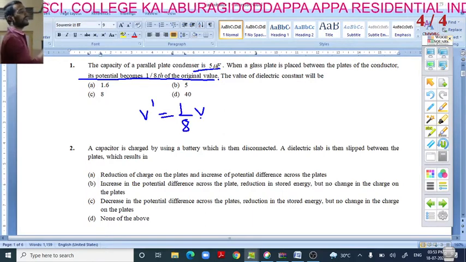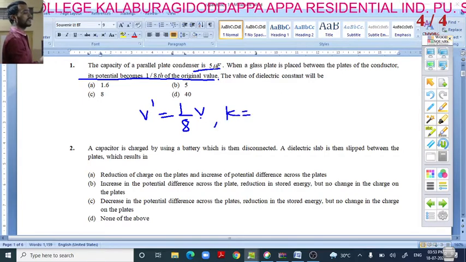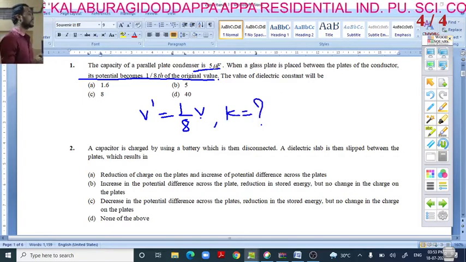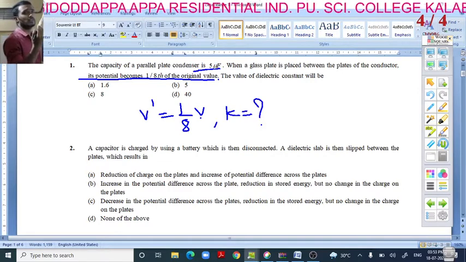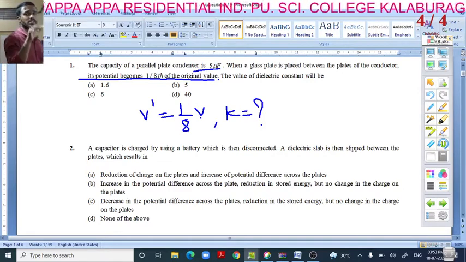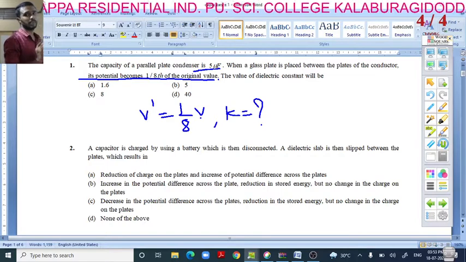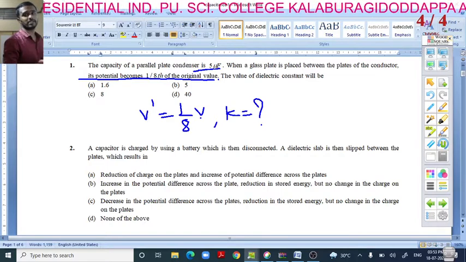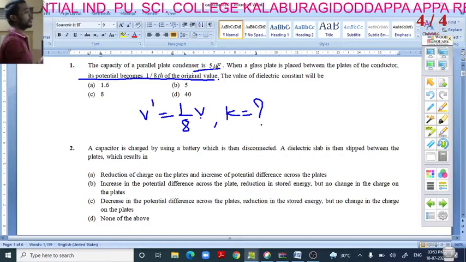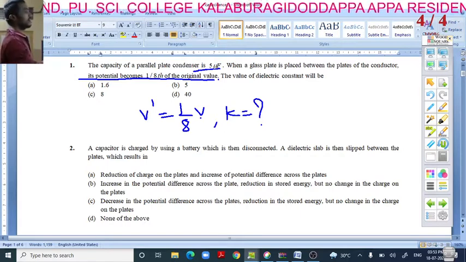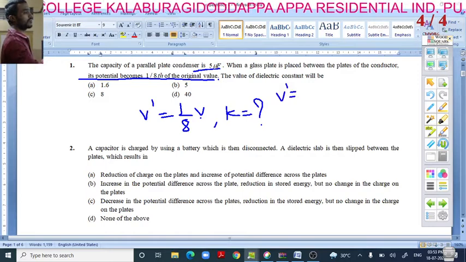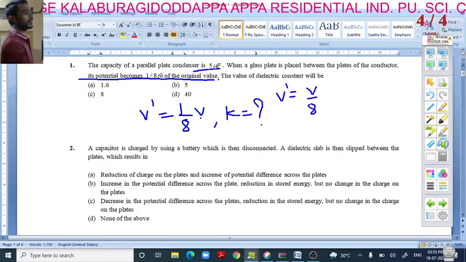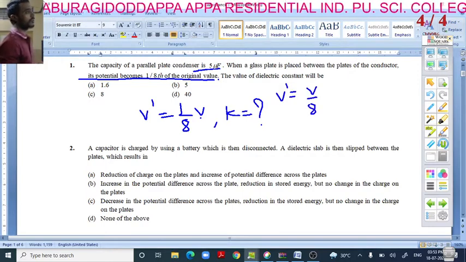The value of dielectric constant. As we know, as we introduce the dielectric medium between the plates, the capacitance of capacitor will increase, that we know. So here V dash is equal to V divided by 8. This we know, right?